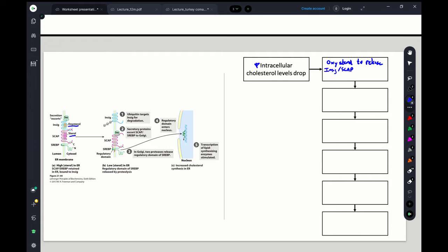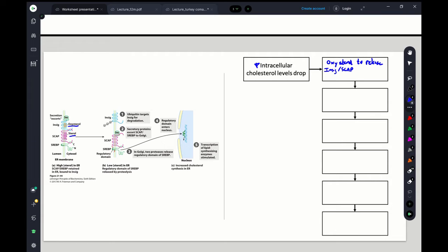Right? Now, when we look at SCAP, SCAP actually stands for SREBP cleavage activating protein, where SREBP stands for sterol regulatory element binding protein. So lots of terms there.